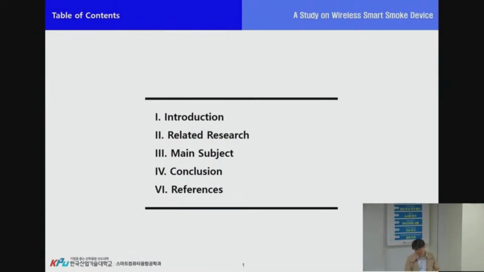Now I introduce the table of contents. First, the introduction of the current situation and problems with the existing technology. Second, the related research on my subject and the system configuration.